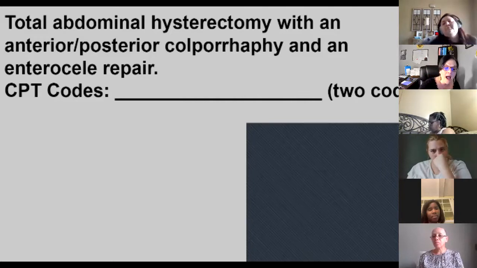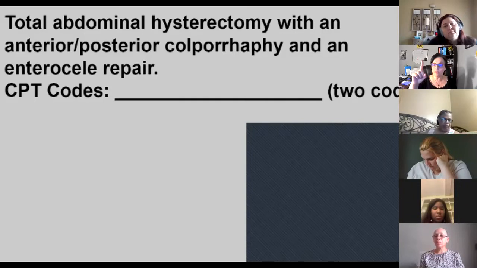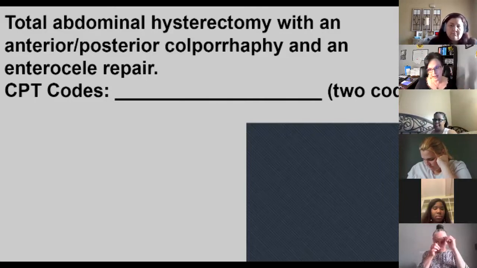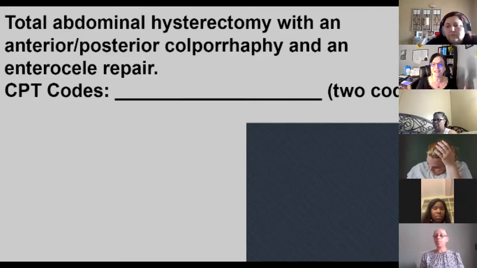And let me explain why a lot of times you have to have a modifier when you use two codes. Because when an insurance company sees two codes without a modifier, they only want to pay you for one. But if you give them more information about your second code, they're going to say, oh, okay. Well, in this case, modifier 51 means multiple procedures. So Melissa said we should put a 51 on 57265, which is telling the insurance company, hey, you have to pay me because there are multiple procedures.